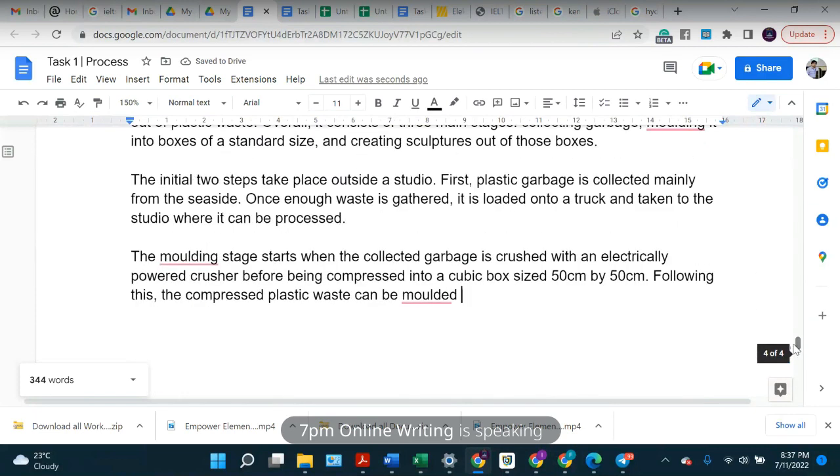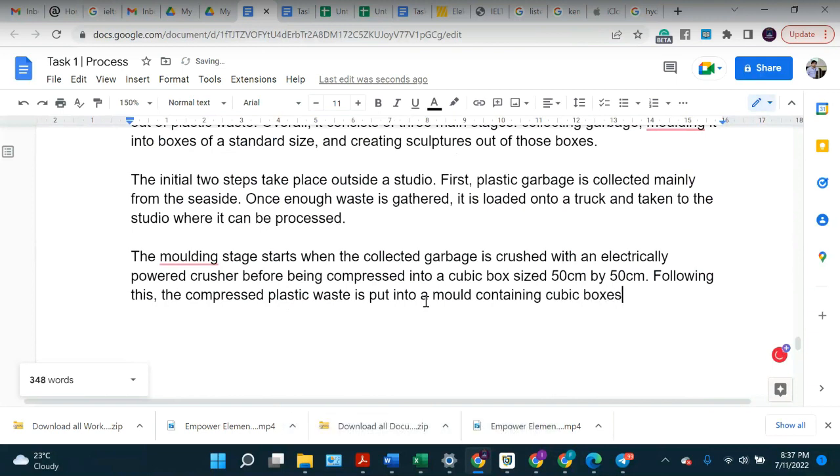Or is molded. I think we used the mold as a verb a couple of times. Yeah, just put in a mold. Mold containing cubic boxes of the same size, maybe, right? We already mentioned. Okay.